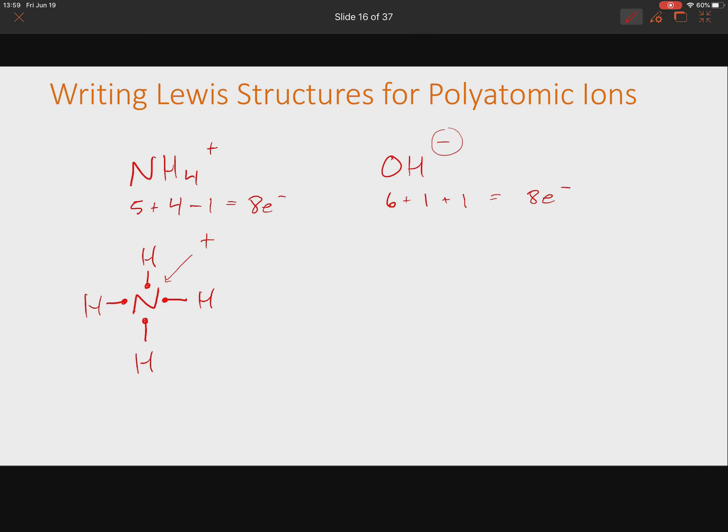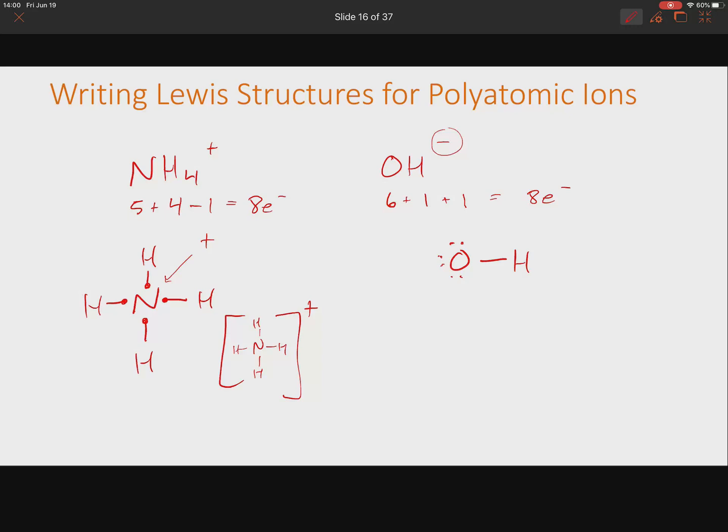All right, our Lewis structures for polyatomic ions we typically show in brackets, with the charge on the outside. Okay, for hydroxide, O, H, 2, 4, 6, 8.